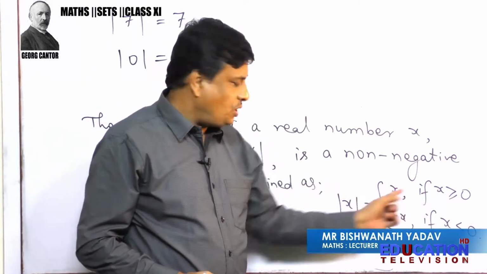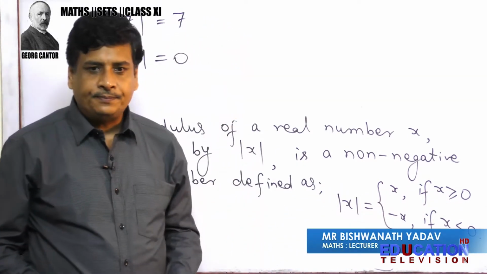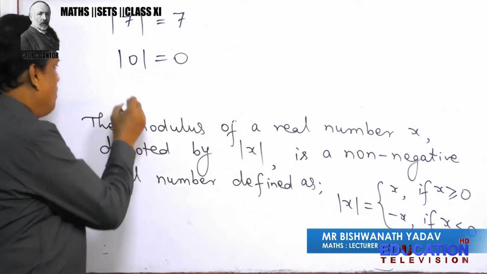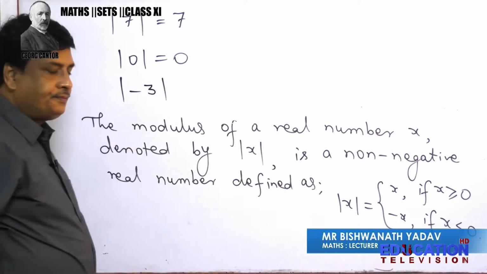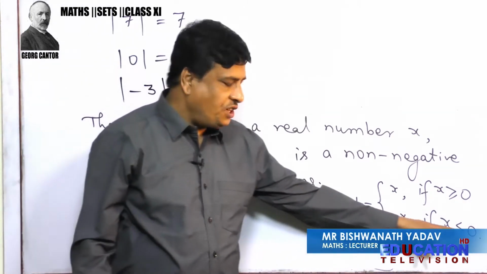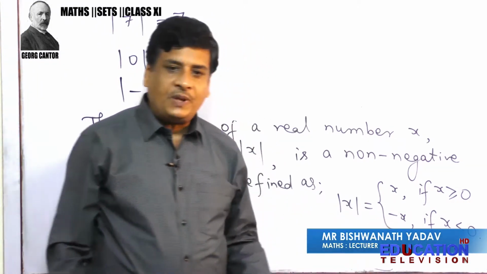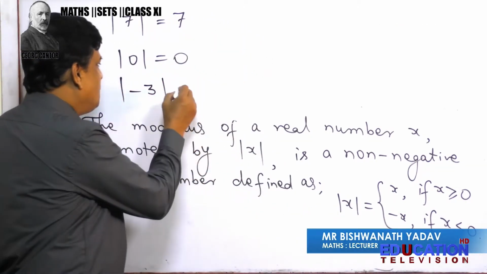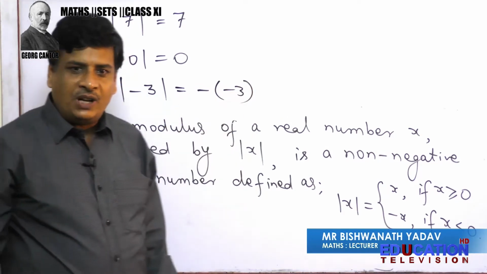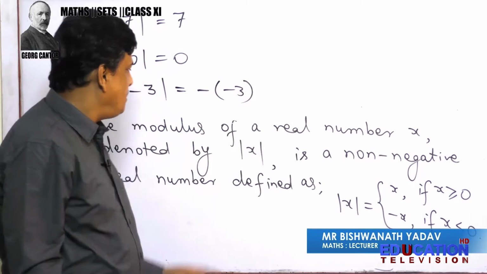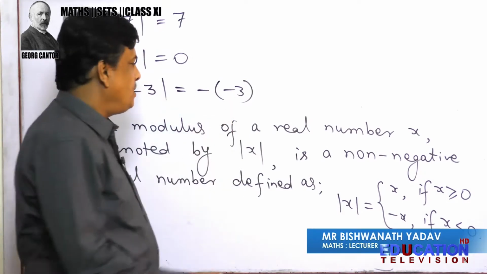If x is 0, then modulus x equals x. If we take modulus of minus 3, if x is negative, then the modulus of that real number is equal to that number written outside the modulus with a negative sign, then it becomes 3.